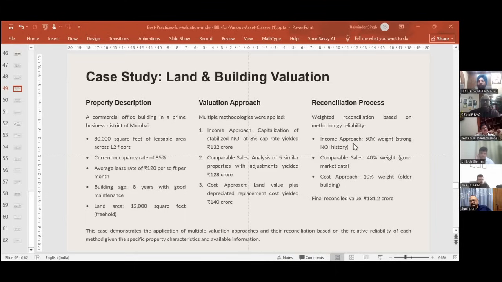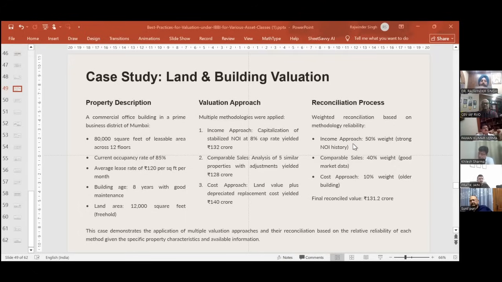And for the cost approach, we give 10% weightage, because the properties for which we collected data were newer, and the subject is an 8-year-old building, assuming it to be an older building. So we give it only 10% weightage. The final reconciled value was 131.2 crore.